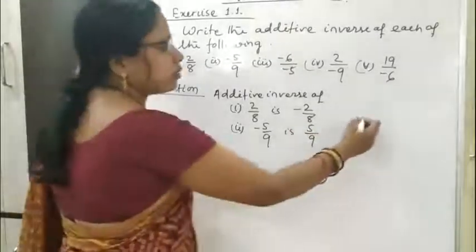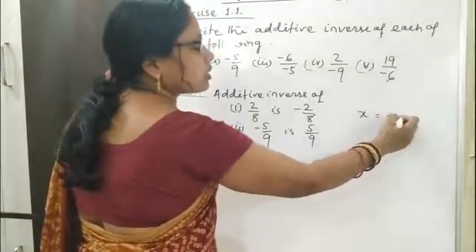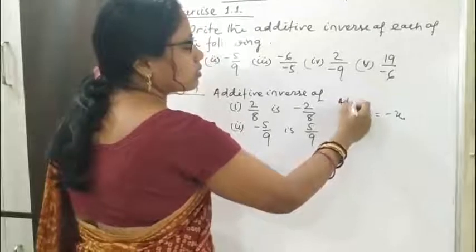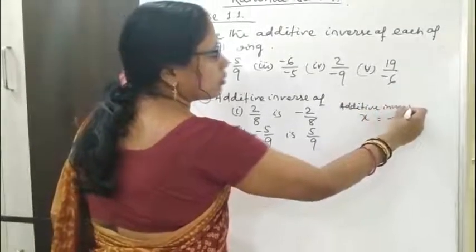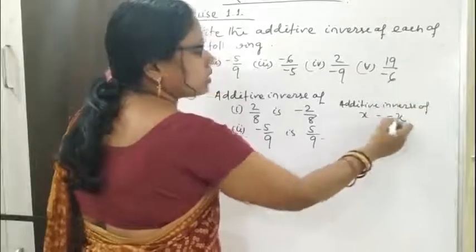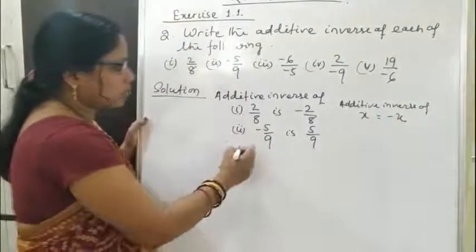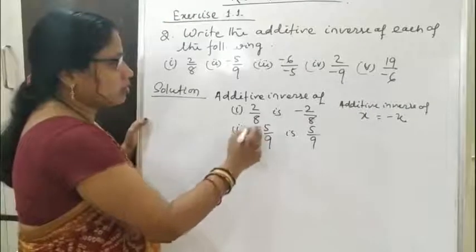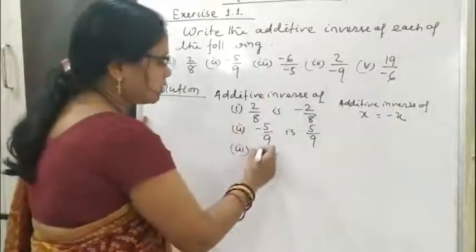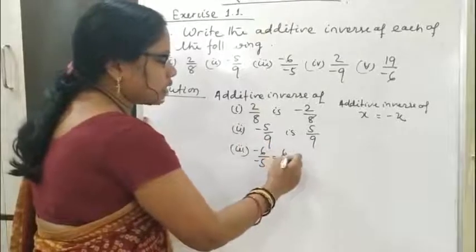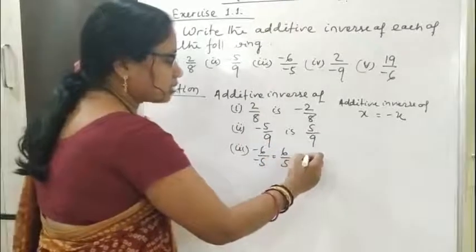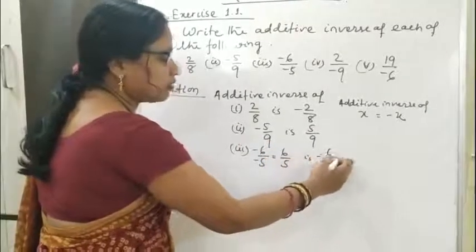So the additive inverse of x is minus x. So in this way we can find here. The additive inverse of minus 6 by minus 5, that is equal to 6 by 5, is minus 6 by 5.